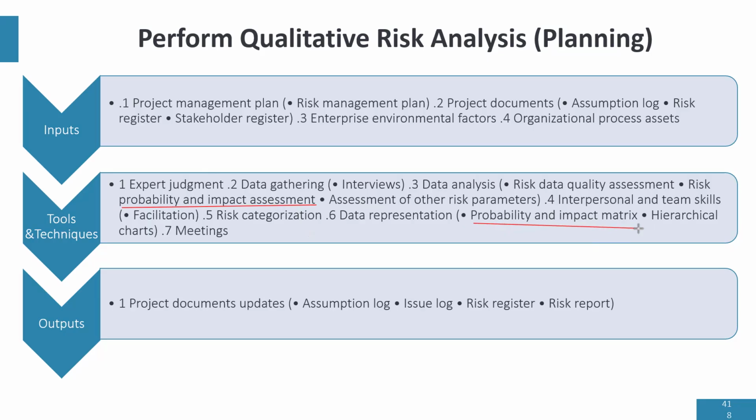Those are the two most important, because the moment you get the assessment, you're going to put them into a matrix and then quantify the risk. Other assessments like urgency and priority are also there.